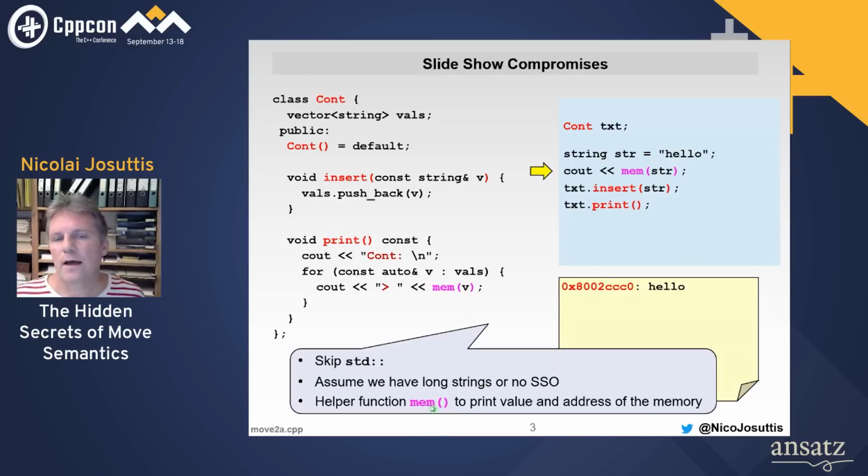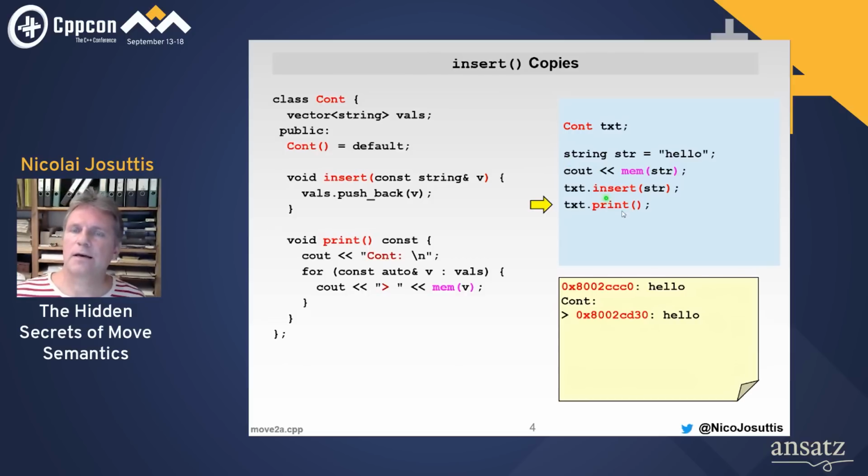And then I have a helper function where I can print out the memory this string internally uses. So you see it here, we print out where this string str was allocated, the internal memory of the string, so the string data. And what we can see here at the beginning is, when we insert a string as it is without qualifying it with move, we see that the string gets copied.